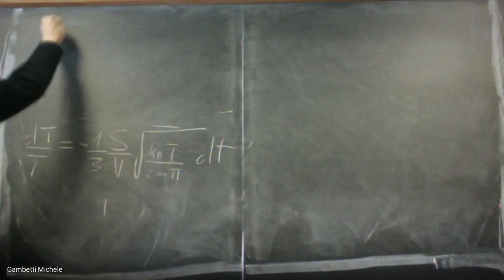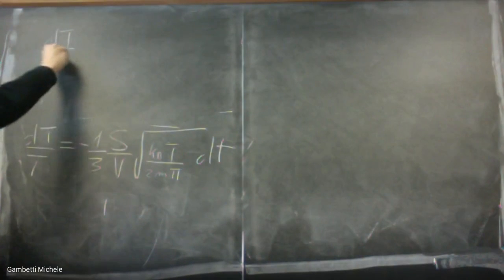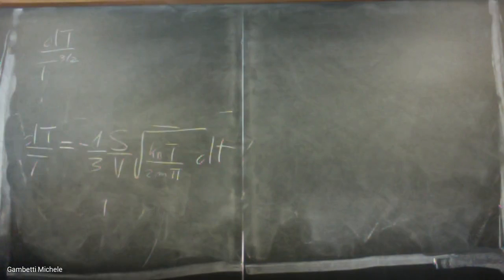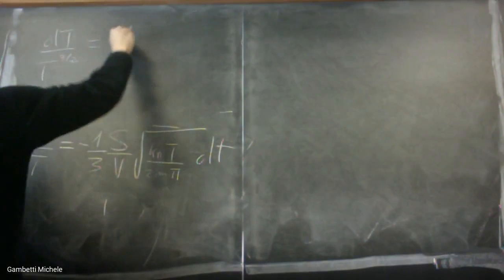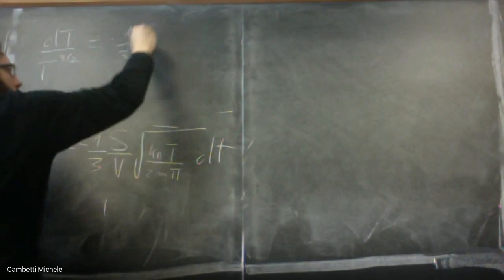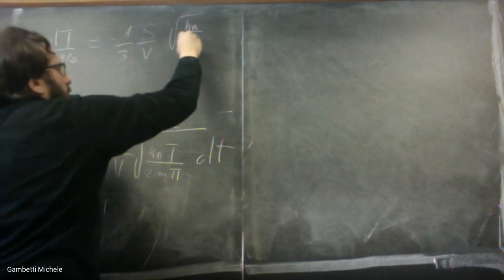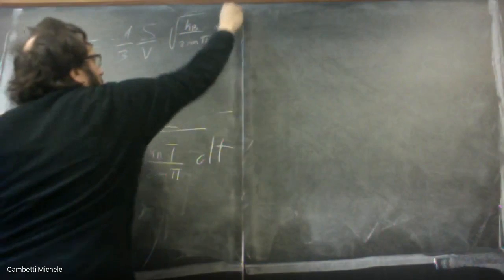So this is dT divided by T to the power of 3/2. I put this below here, and then it's minus 1/3 S over V, and then we have a kB over 2 m pi dt.